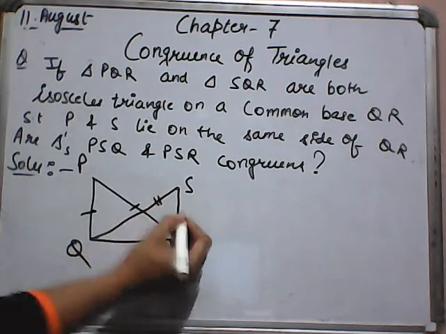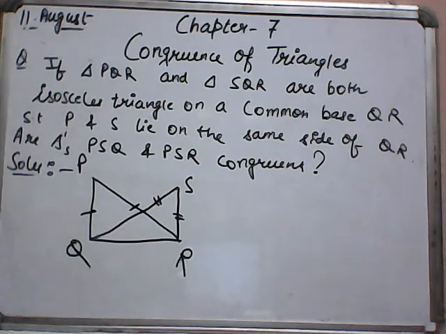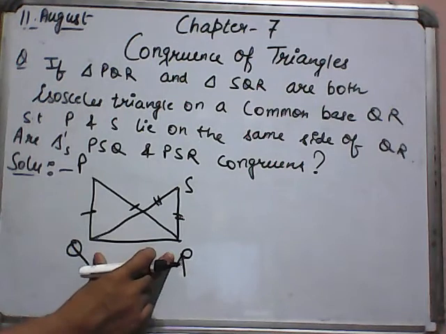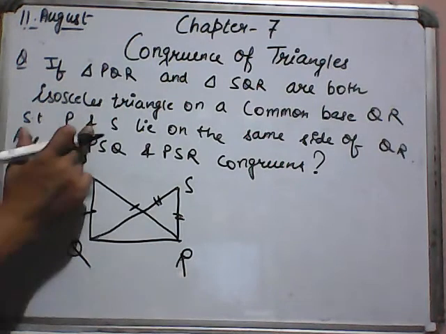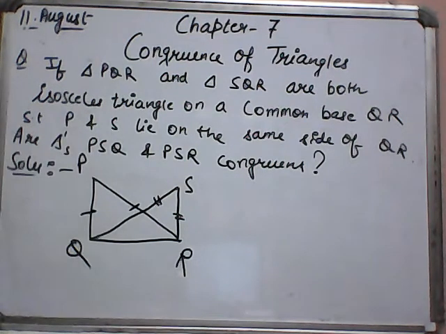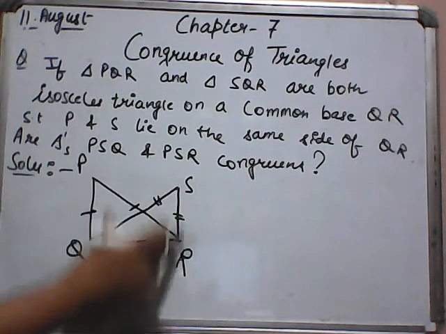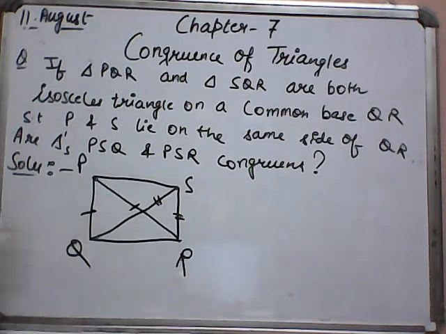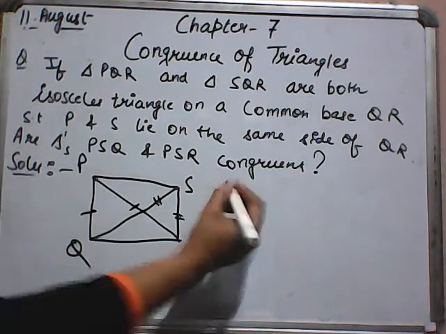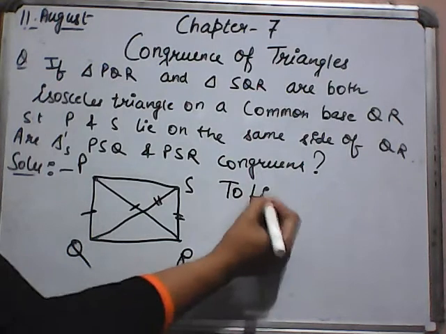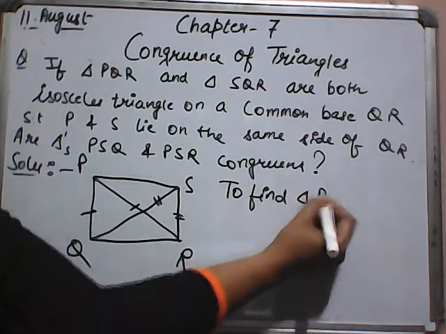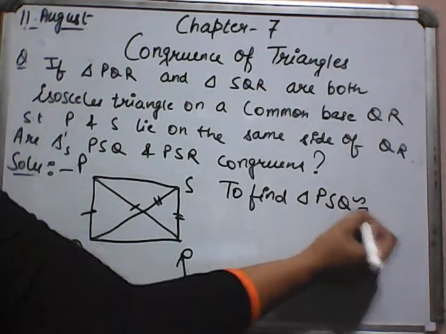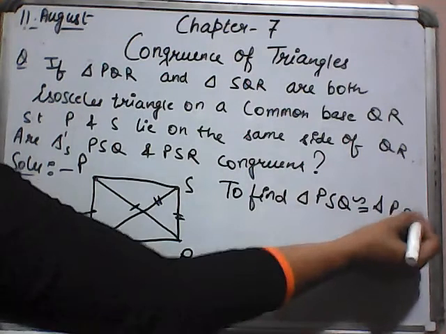Isosceles means two sides of this triangle are equal, on a common base QR such that P and S lie on the same side of QR. You have to find out whether triangle PSQ is congruent to triangle PSR.